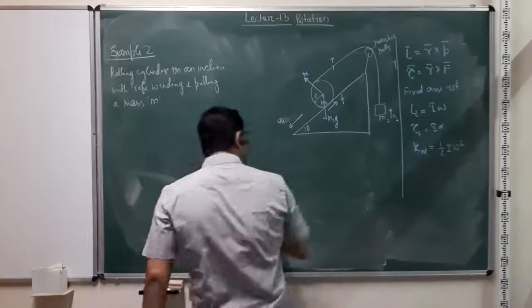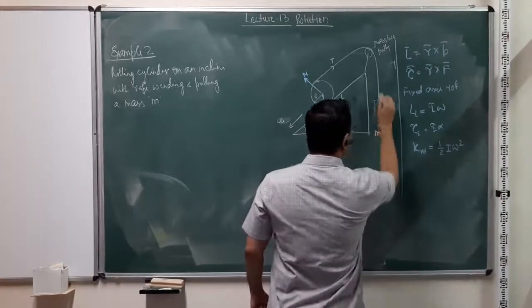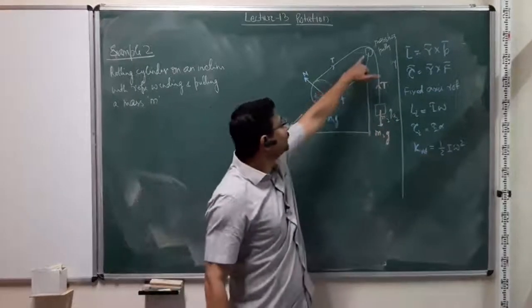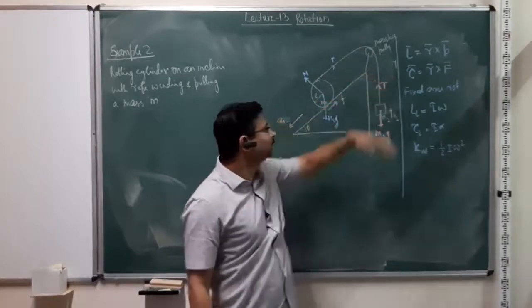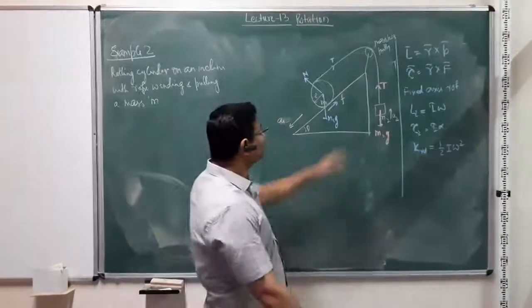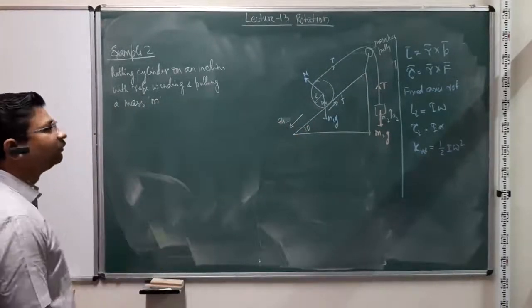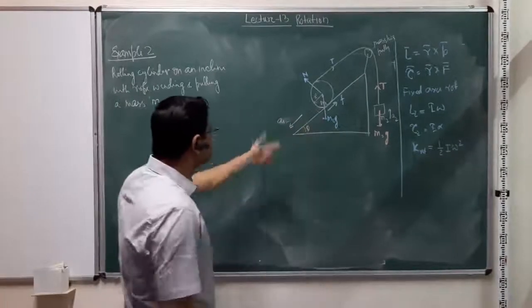Similarly, for mass M2, we have M2G and tension T. And in this case, since the pulley over which the rope is going is a massless pulley, these two tensions are exactly the same. So T and T. There is nothing else on this other mass. Let's take this as my direction.